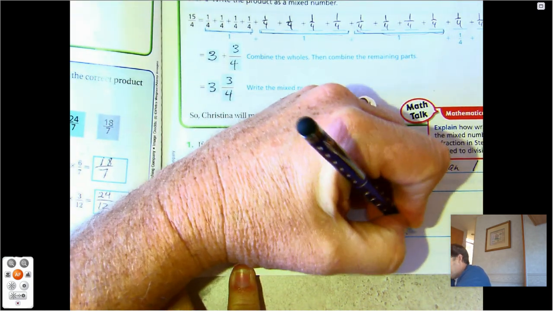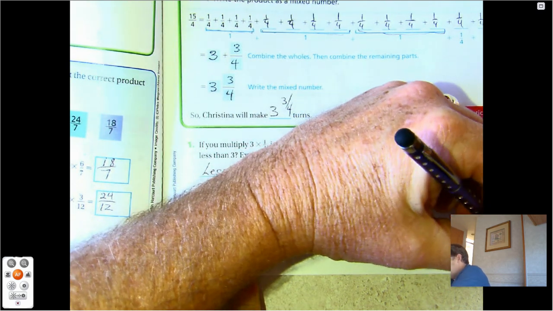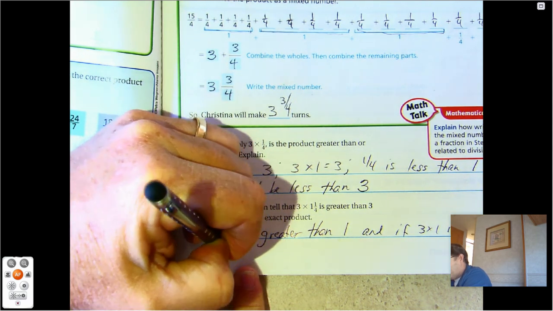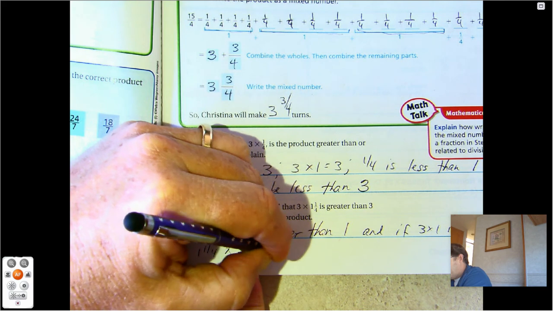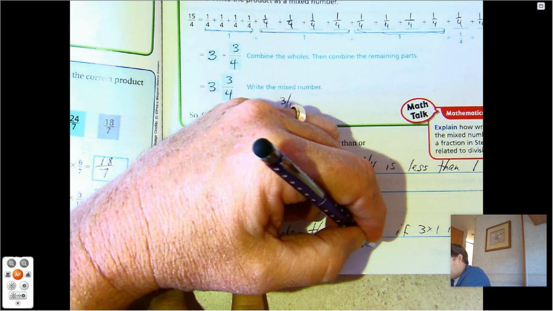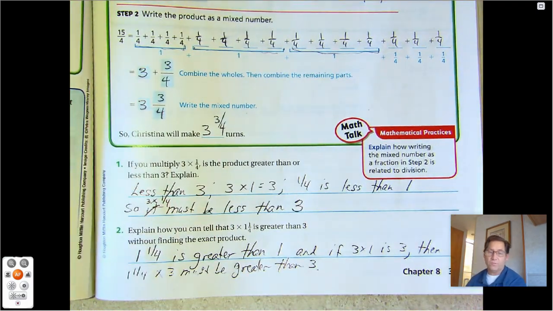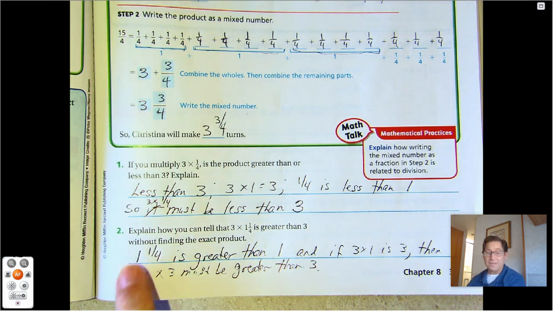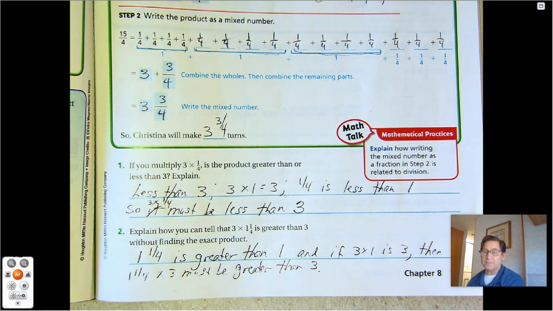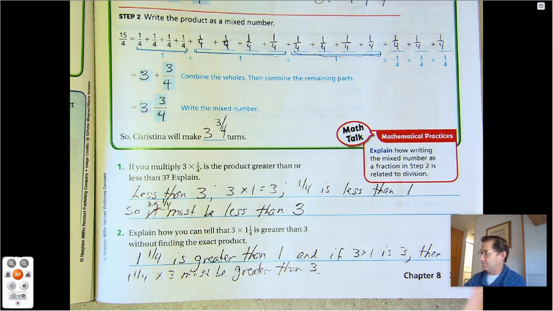And if 3 times 1 is 3, then 1 and 1/4 times 3 must be greater than 3, right? 1 and 1/4 is greater than 1. 1 plus 1/4 left over. So if 3 times 1 is 3, then 1 and 1/4 times 3 must be greater than 3.